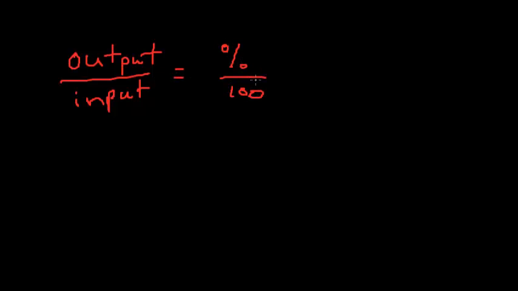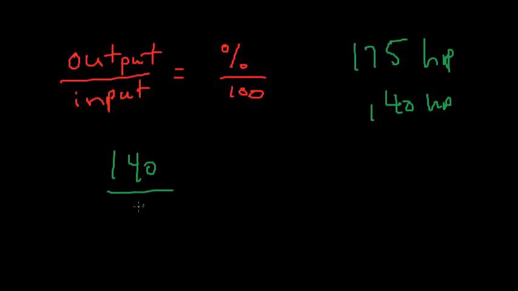Efficiency is measuring the output compared to my input, and that is going to be some percentage over 100. So if I have an engine rated at 175 horsepower and I'm only getting 140 horsepower out of it, what is the efficiency of that motor? Well, my output is 140, my input 175 in this case.